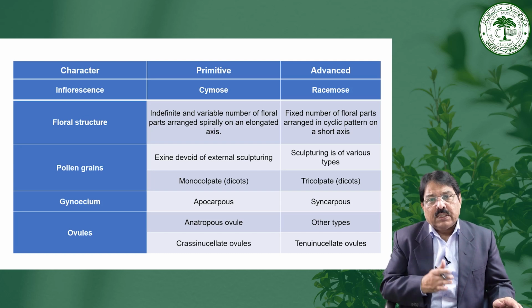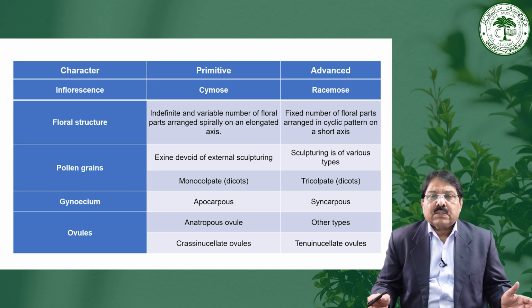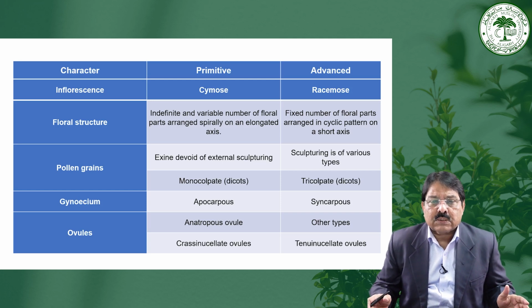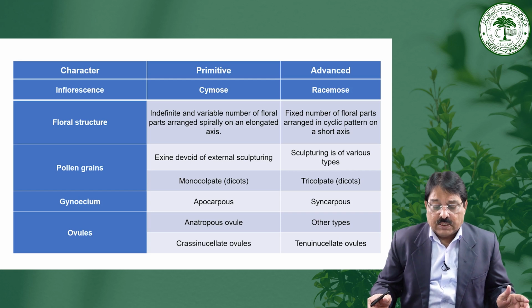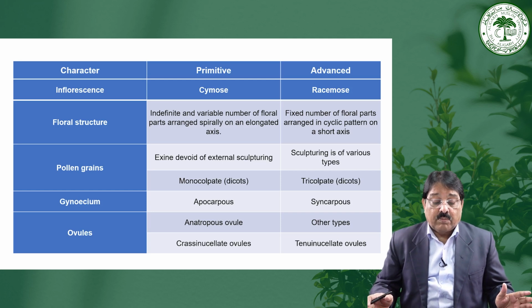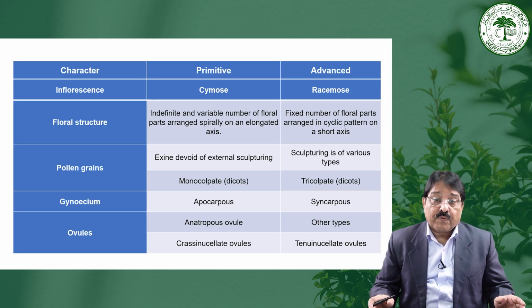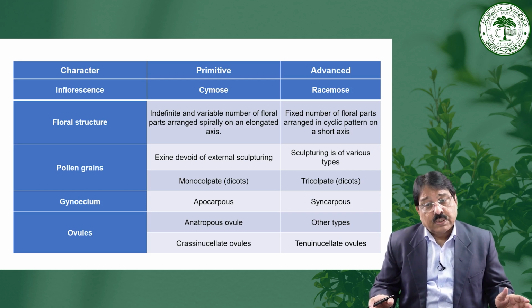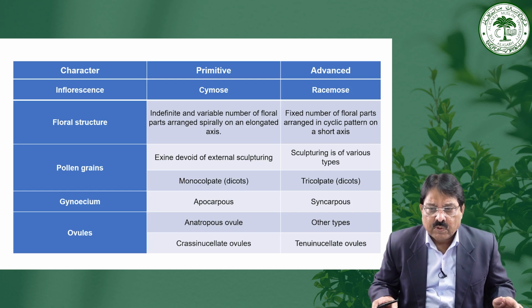So he clearly differentiated the primitive and advanced characters. He considered the cymose primitive and the racemose advanced. Similarly, the indefinite and variable number of floral parts he considered a primitive character, while the fixed and smaller number of floral parts is considered the advanced character.